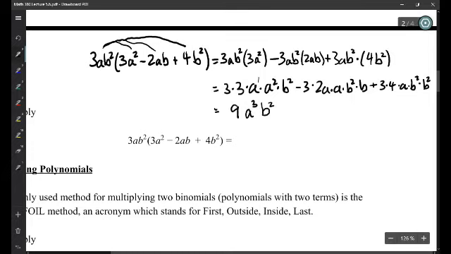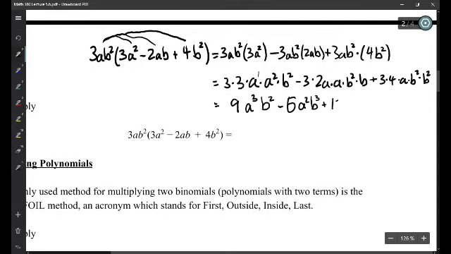Next term, negative 3 times 2, minus 6. A times a squared. B squared times b cubed. Then it's plus 3 times 4, 12. A, b squared times b squared, b to the 4th.